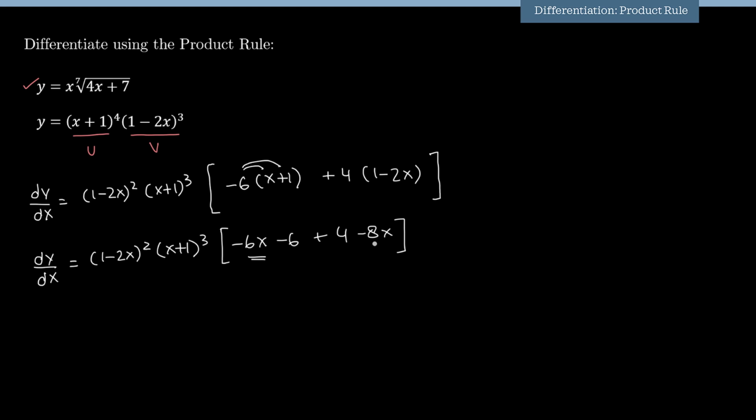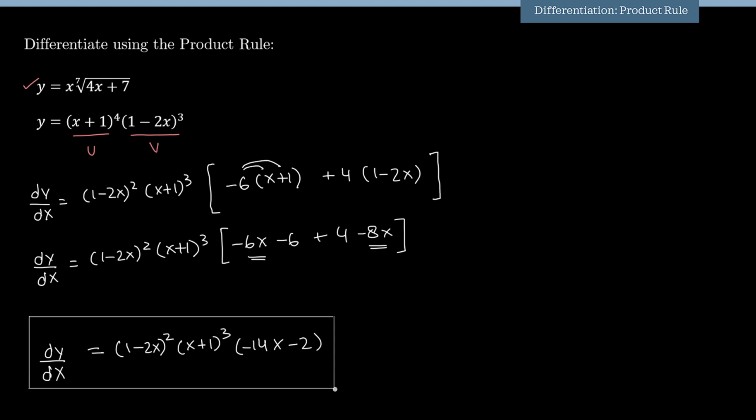Minus 6x minus 8x is minus 14x, and minus 6 plus 4 is minus 2. And these two brackets as it is, (x plus 1) whole cube and (1 minus 2x) whole squared. And this is dy upon dx. This is my answer. This is my derivative of the second function.